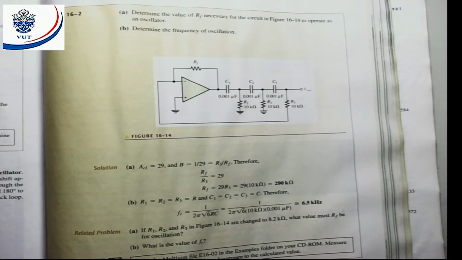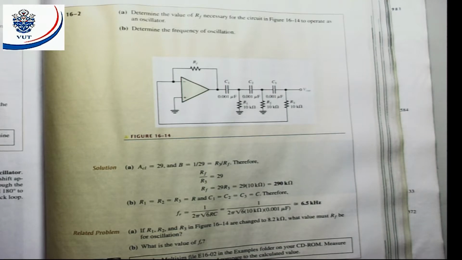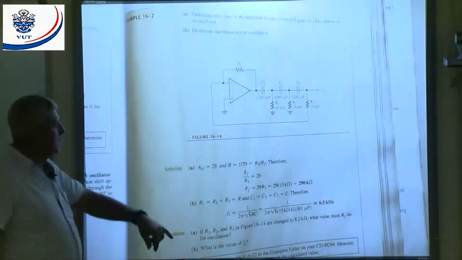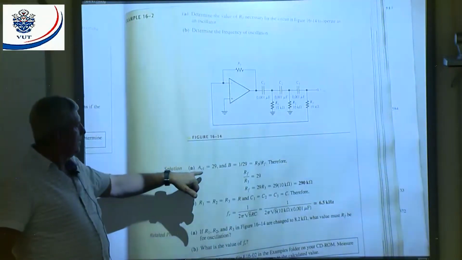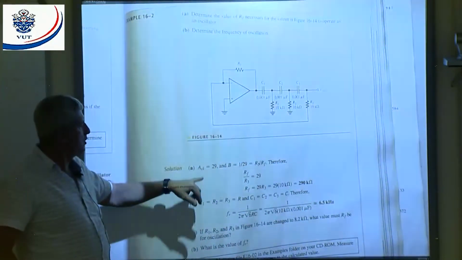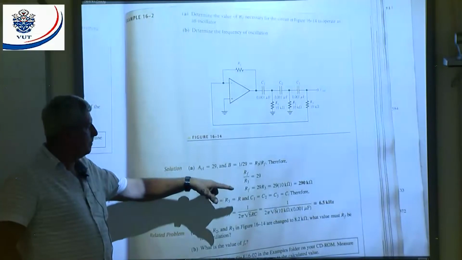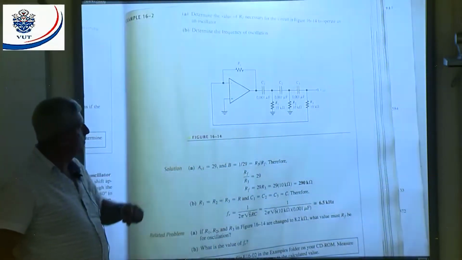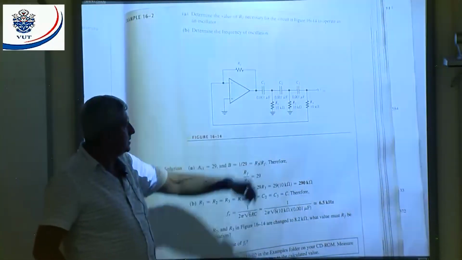They say determine the value of RF necessary for the circuit in figure 16.14 to operate as an oscillator. Determine the frequency of oscillations. First of all, we know the attenuation is 1 upon 29. The closed loop gain of the amplifier should be 29, and that means I got my input resistance as 10K.